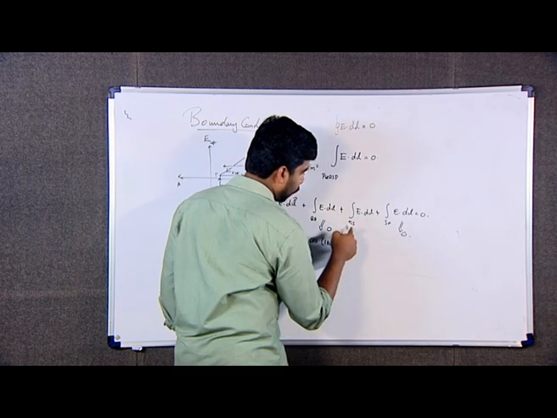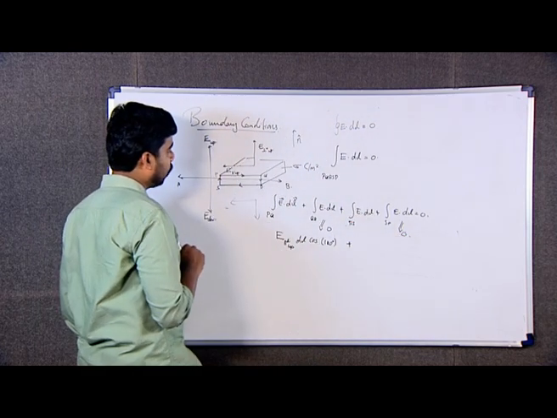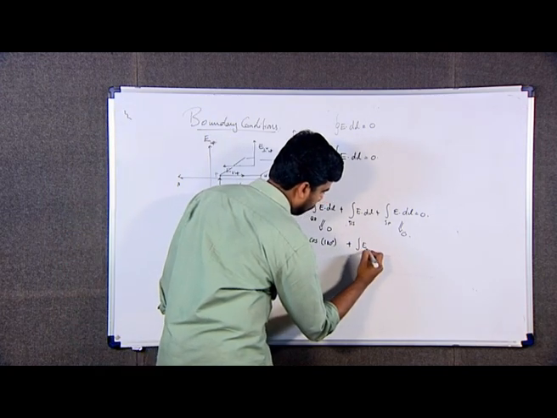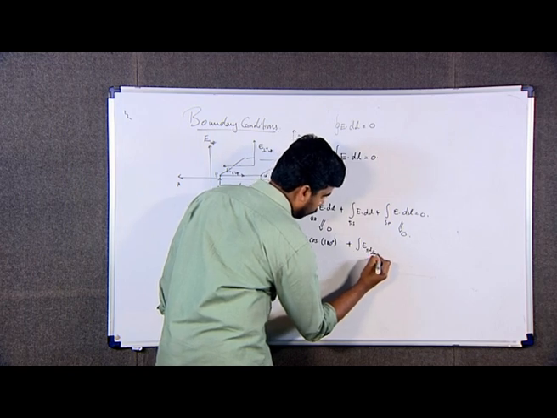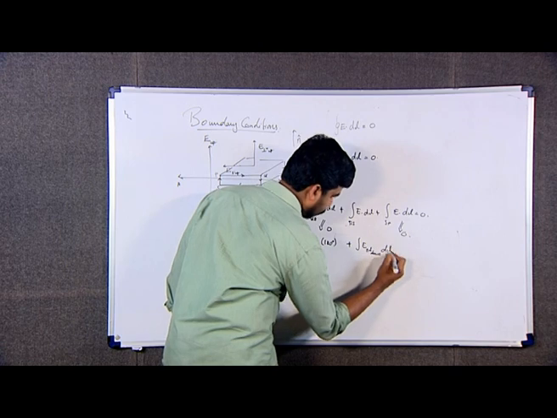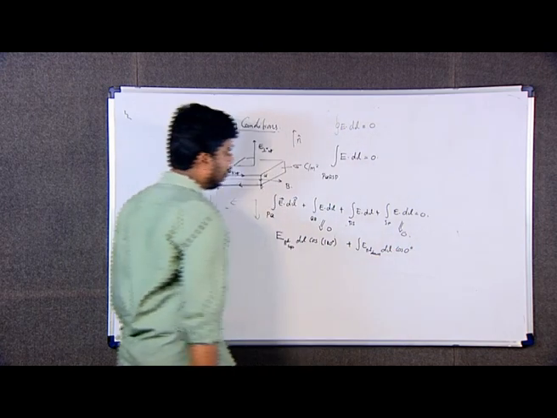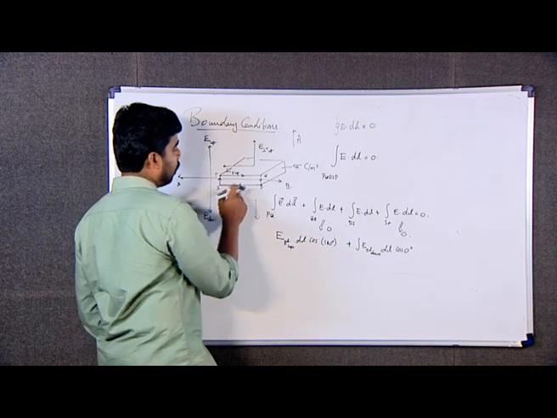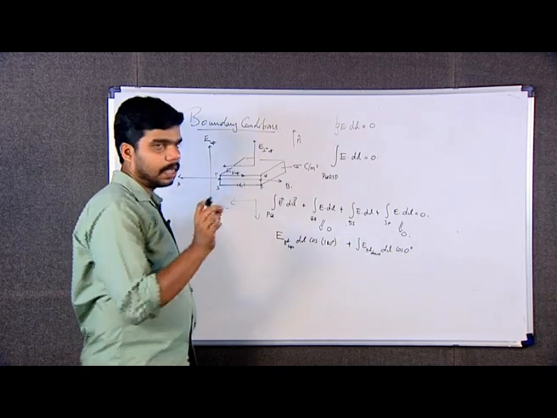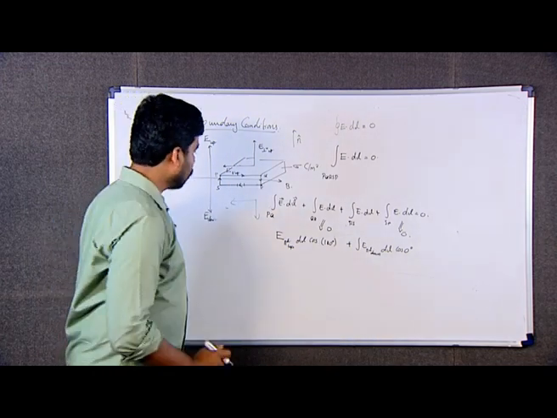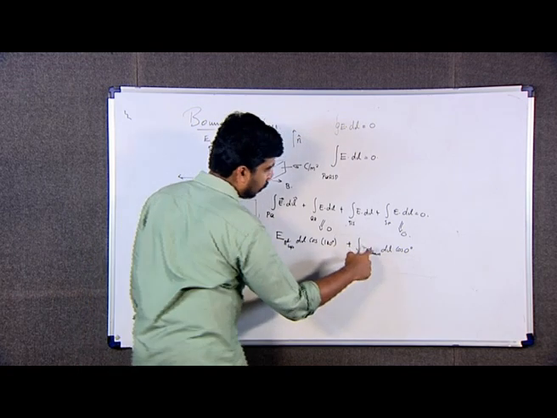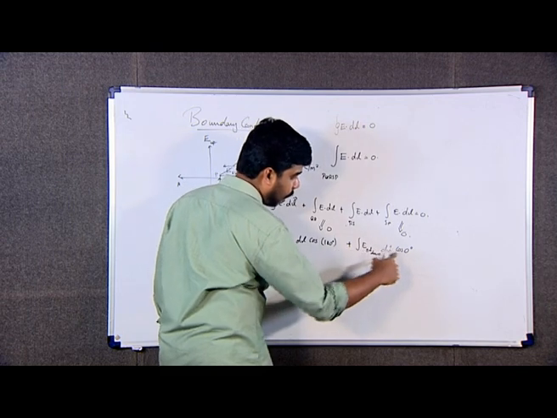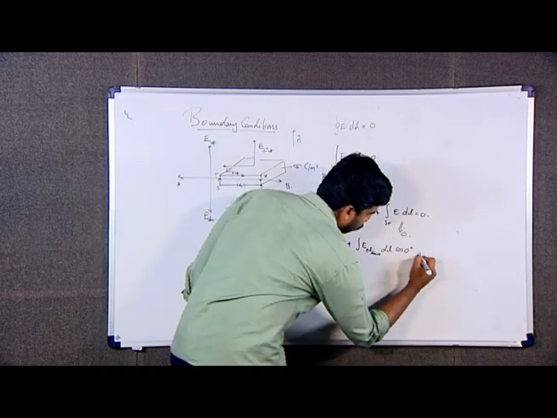Now, what about integral RS of E dot dl? Integral RS of E dot dl will give you integral E parallel down component dl cos 0 degree, where this angle lies between the direction of the electric field and the direction in which it is moving, which is the angle between dl and E. Now, E parallel up dl cos 180 plus E parallel down dl cos 0 degree is equal to 0.